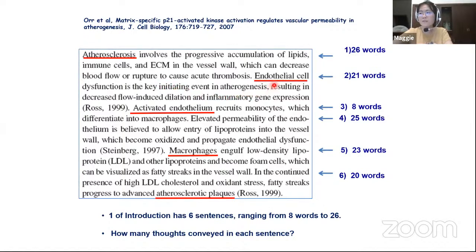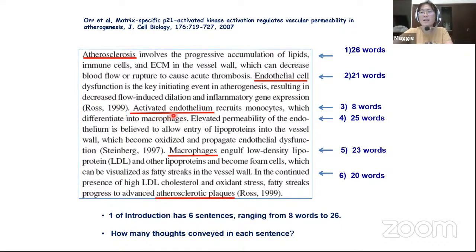So endothelial cell dysfunction is an important reason for the development of this disease, "resulting in decreased flow-induced dilation and inflammatory gene expression." So first they talk about the disease, and then the reason, because endothelial cell dysfunction causes the disease. And then they talk more about the cells.